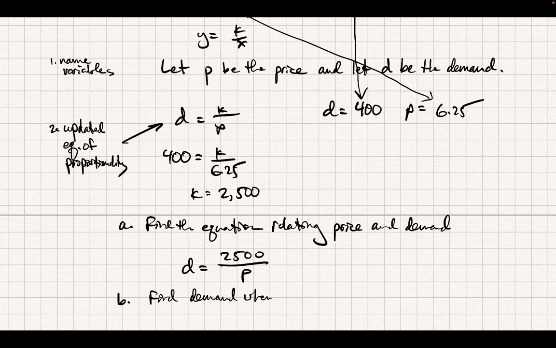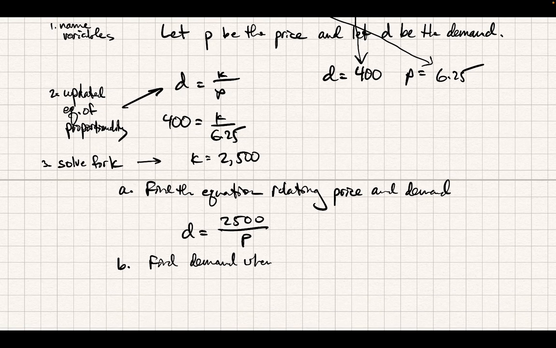Step 3, I solved for K. And then I answered A, which is find the equation relating price and demand, and B is find the demand when the price is 575.